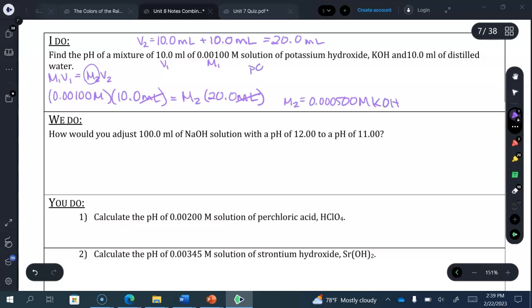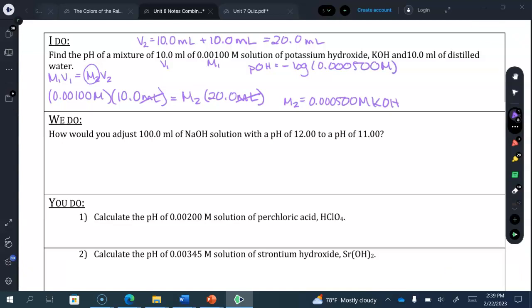So we know that the pOH is equal to the negative log of that concentration. And these are all base 10 logs, which is why this scale changes numerically 1 by 1 for every factor of 10 that the concentration changes. So solving this, we end up with a pOH of 3.301.